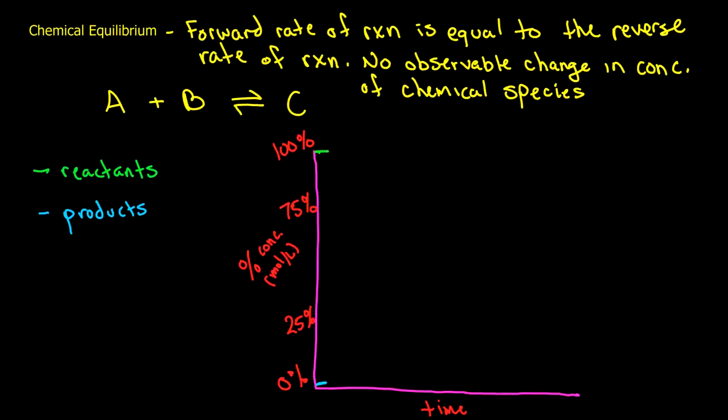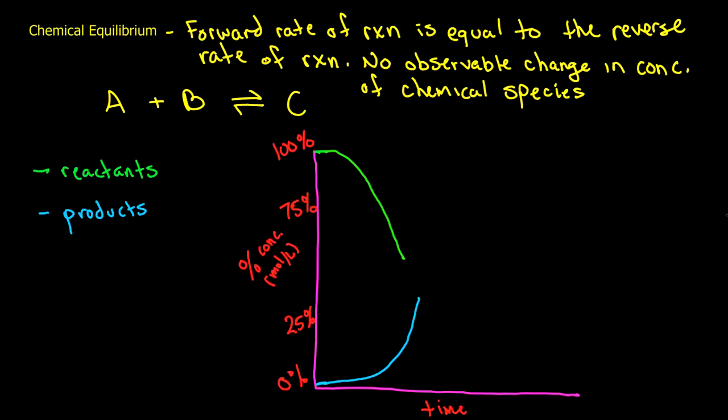Well, as reactants are consumed, it goes down over time. Opposite to that, since we're actually producing products now, the percent concentration of our product starts to go up. So reactants are making products, and the concentration of products is going up, concentration of reactants is going down.